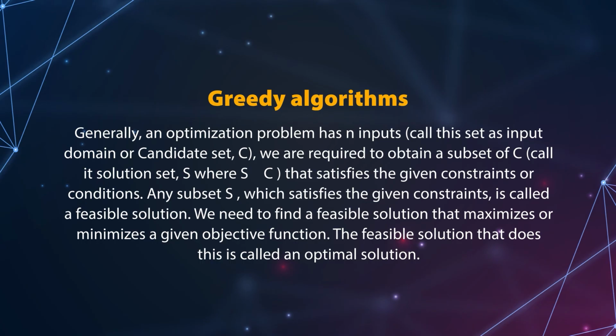What I mean by this is that you will be presented with a number of inputs. In our example, the inputs were the mangoes. We are required to obtain a subset of this domain. So from these n inputs you have to make a subset, which will be called a solution set.